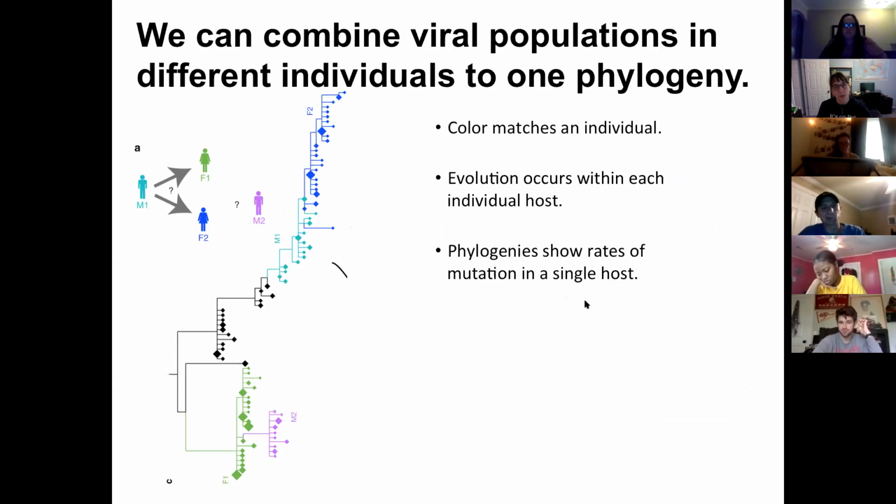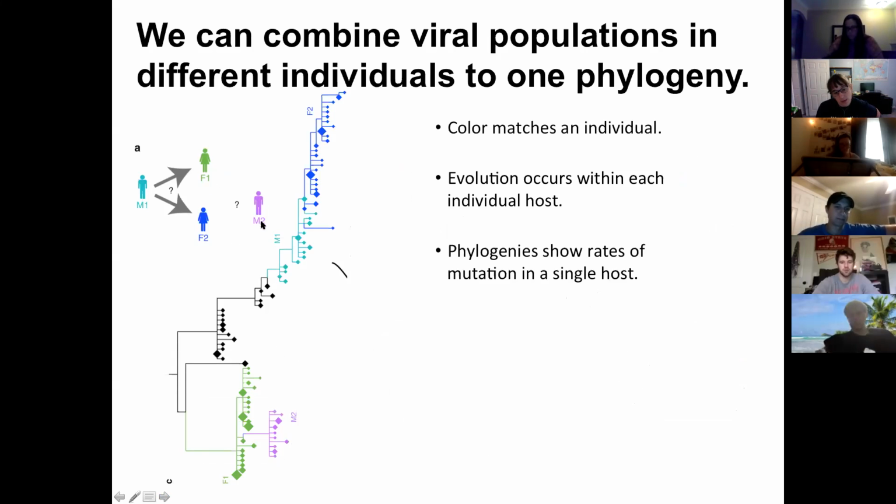Of course, if we want to talk about how a virus is spread, this is an HIV virus phylogeny, and what you can say is that you can identify the source of an infection. So female 1 probably transmitted this to male 2 based on the color, right? All of male 2's virus strains are more closely related to the green than anything else. Okay, so we kind of looked at that before.